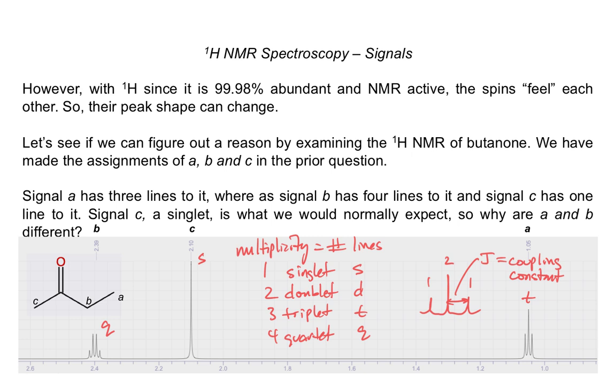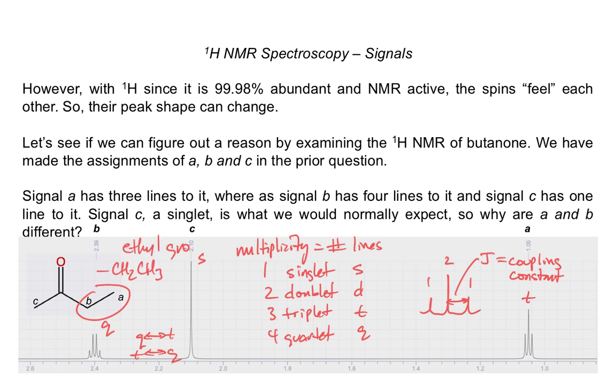So while I'm thinking about it, because A and B are neighbors, the quartet is coupled to the triplet, and the triplet is coupled to the quartet. So it's a reciprocal relationship. So for example, this group here, CH2, CH3, that's 2 carbons.